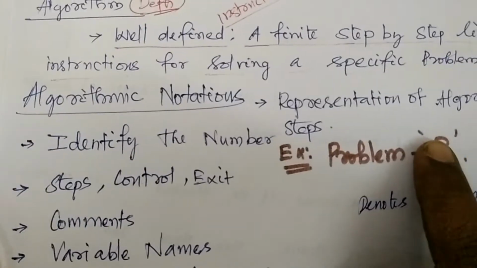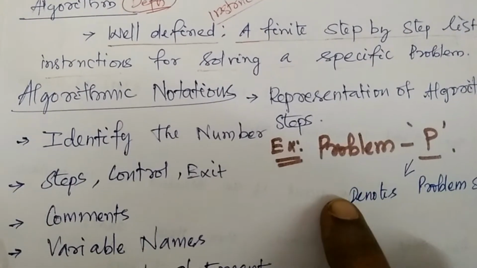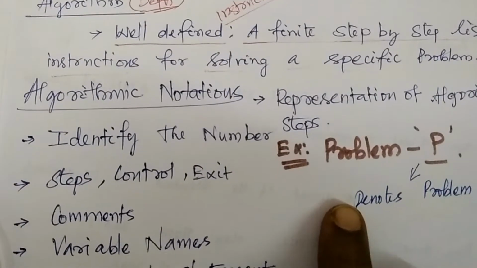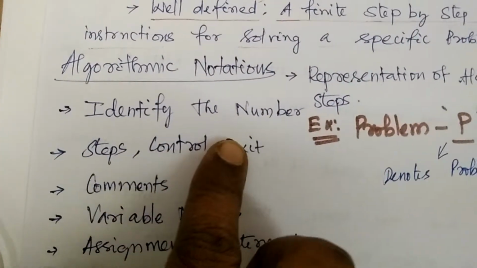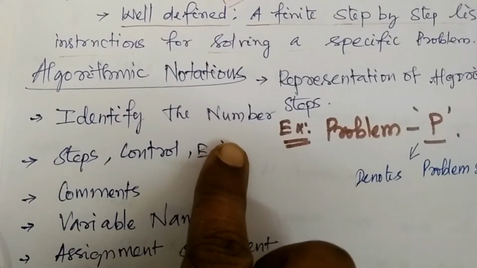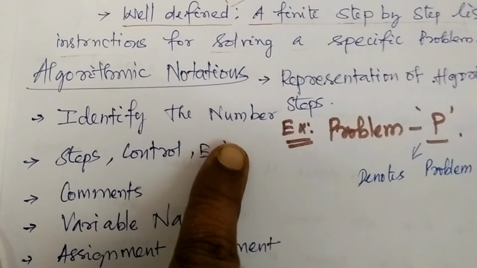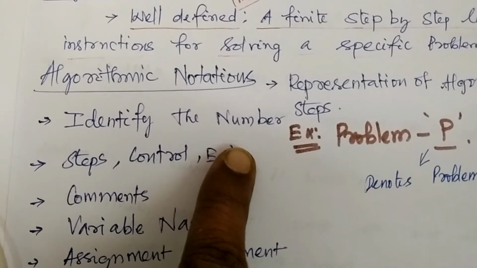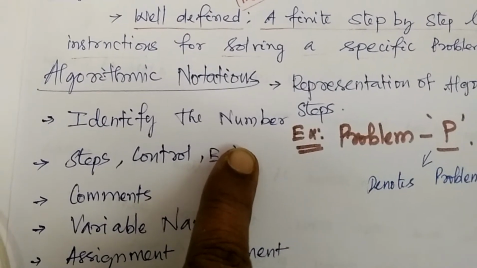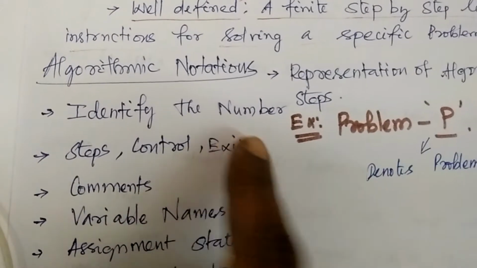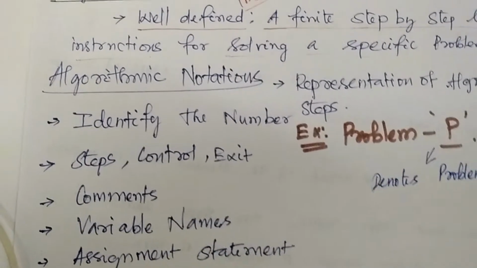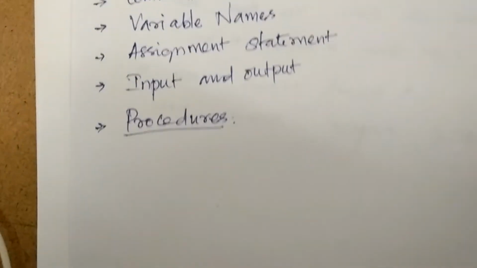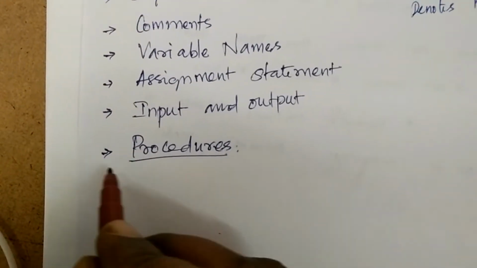The next example uses the controls, steps and exit. The steps are defined like this: step by step, beginning with step 1, otherwise you have to follow the control by the go to statement. For example, the first one is identifying the number.